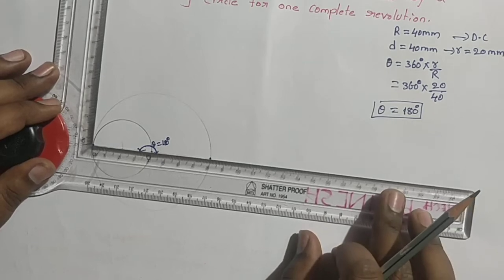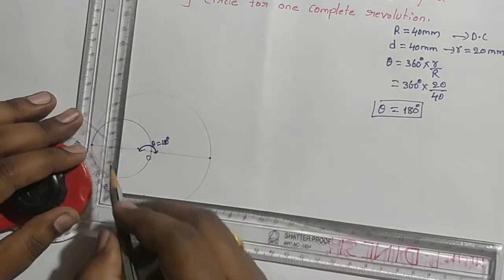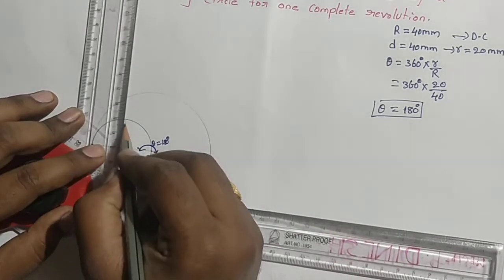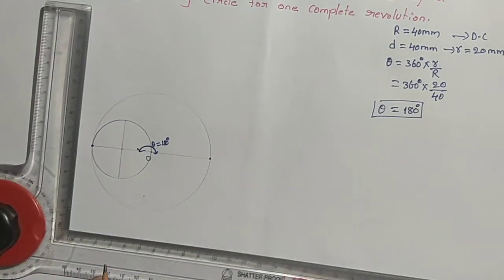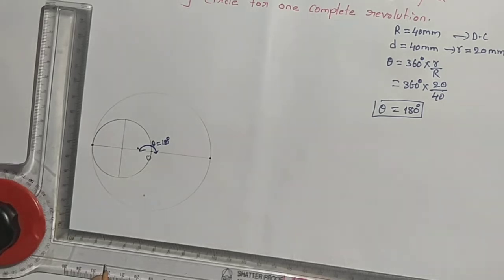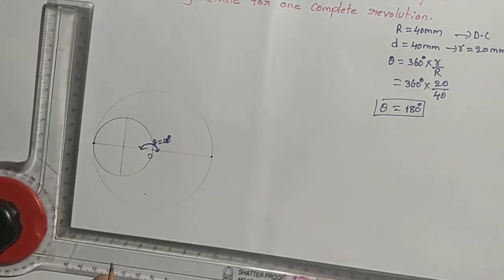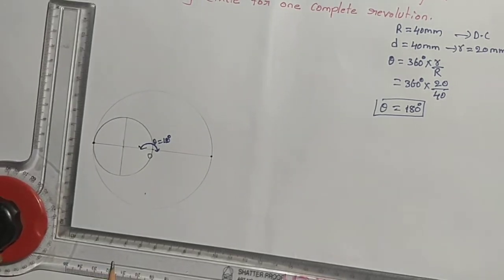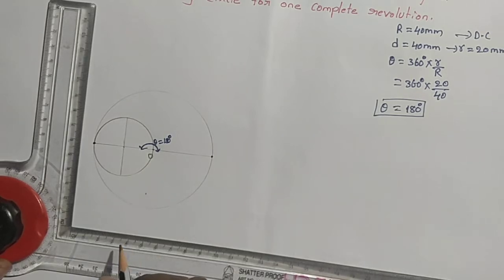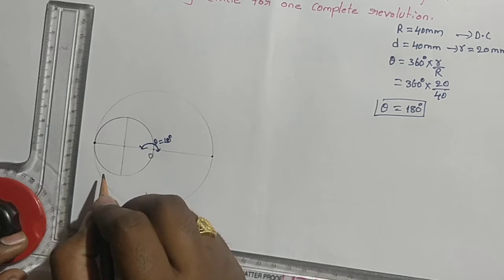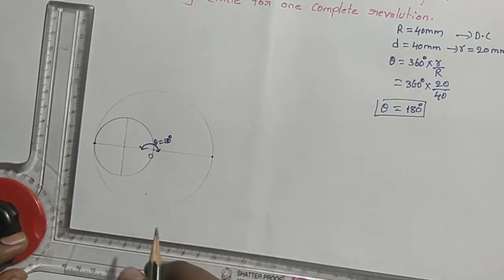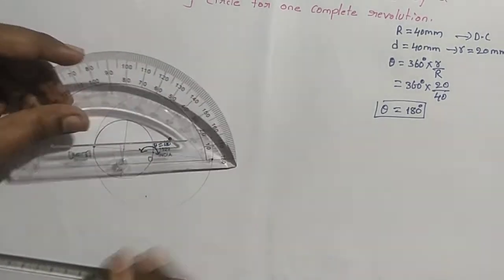It is the horizontal line. I am drawing one perpendicular to this horizontal line, so now the circle is divided into 4 equal parts: 1, 2, 3, 4. But I need to divide this circle into 8 equal parts.